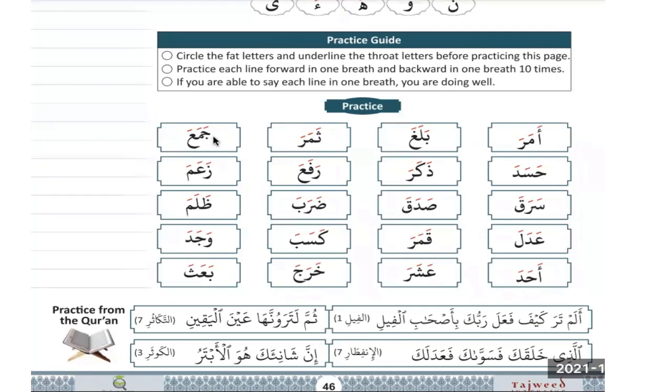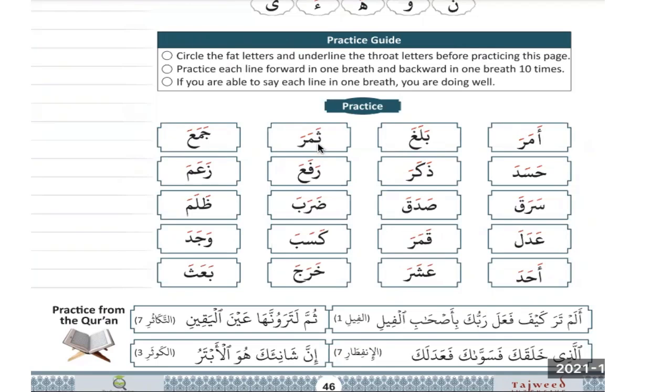So common errors we see are when people say amara, balagha, or they say balagha with uneven lengths. No, equal length, balagha, each with one count. Thamara.